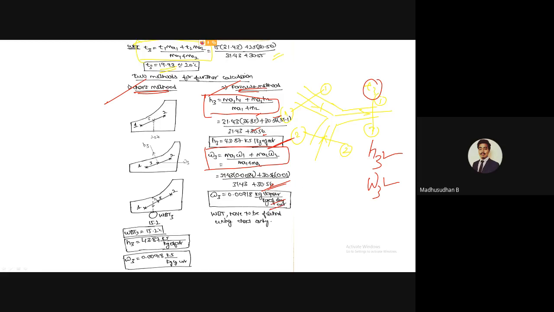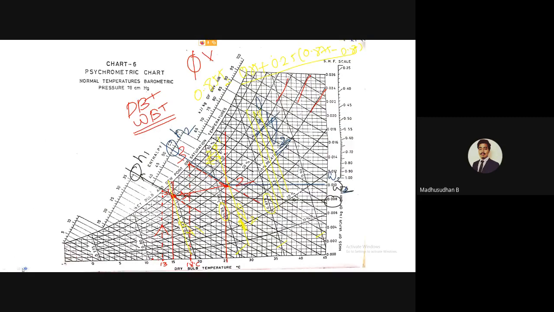Now, how to spot this 20 degrees Celsius on your psychrometric chart? We go again to the psychrometric chart here. Just trace in ink color. Okay, just spot where 20 degrees Celsius is. So here is your 20 degrees Celsius.